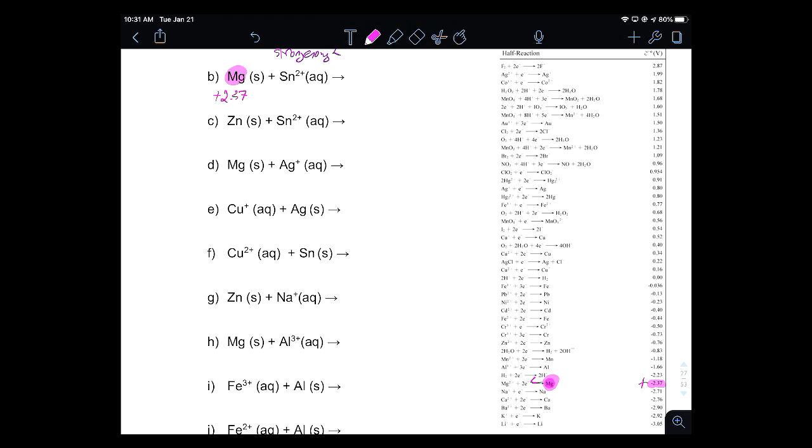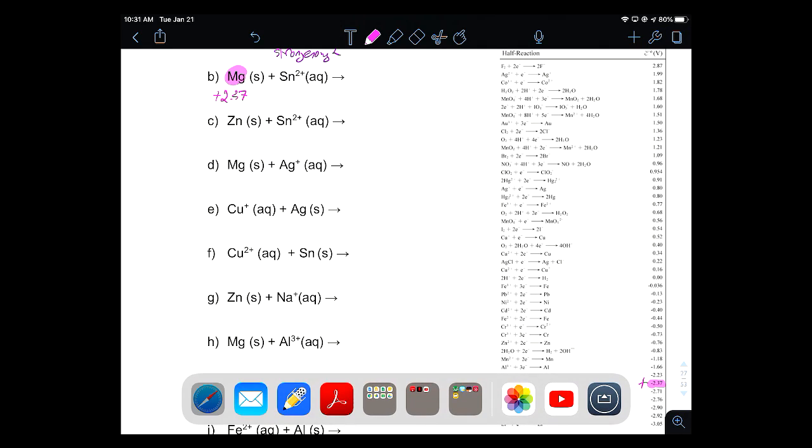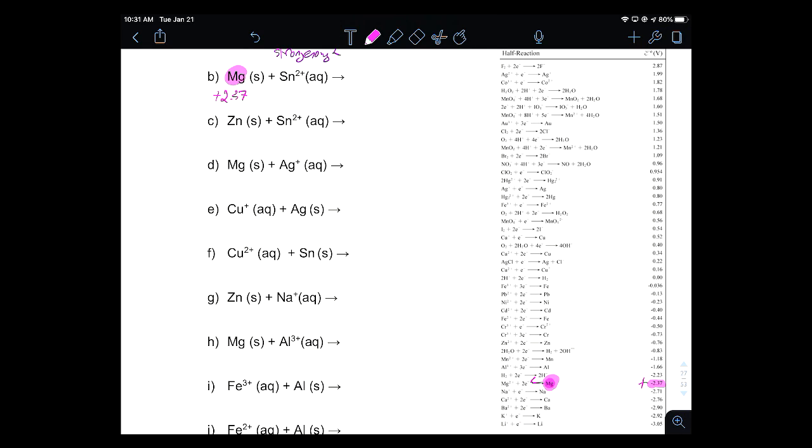So what we want to do is check the reactants on the left of our reaction. For example, here we have magnesium and we have tin metal. We want to check those reduction potentials.